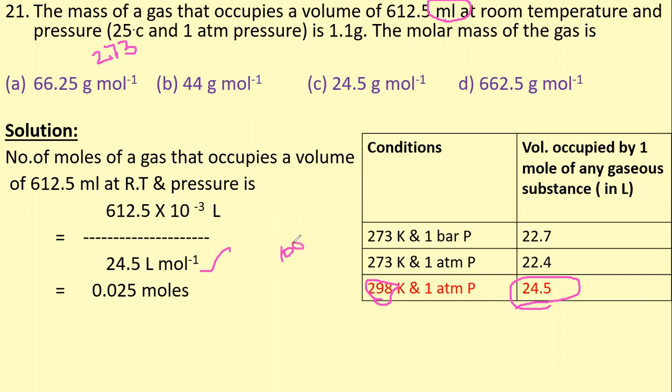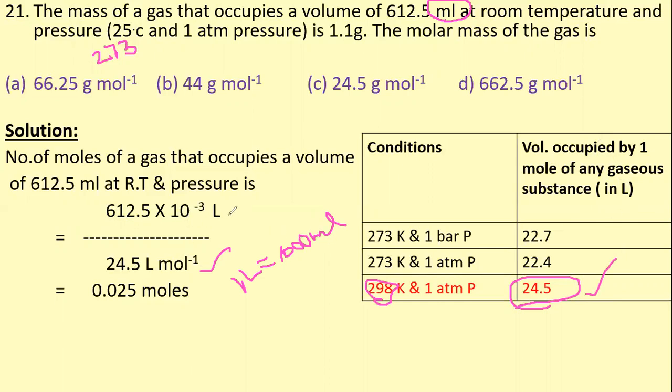I think you all know this basic. That is why I have written it here. They have given ml, and I am converting it to liter because the standard value given in the table is expressed in liter.